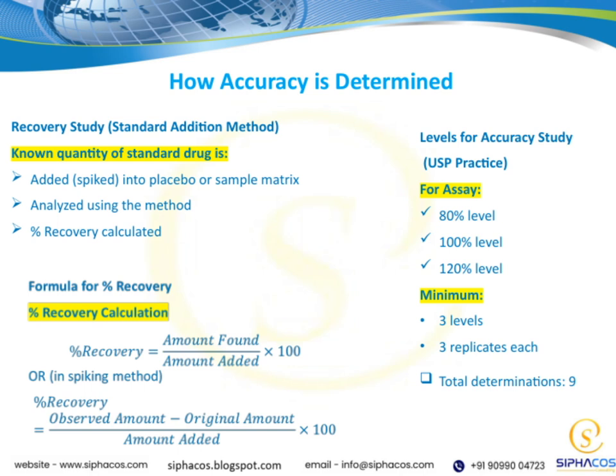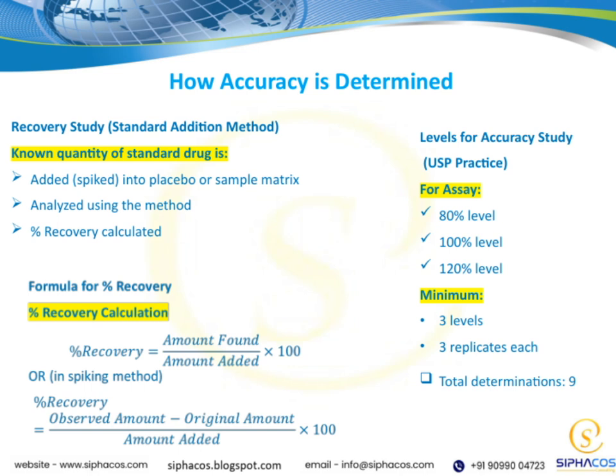Now, how do we determine the accuracy? We use what's called a recovery study, or the standard addition method. Essentially, we add a known quantity of the standard drug into either a placebo or the sample matrix. Then, we analyze this mixture using our chosen method. The key point here is that we calculate the percentage recovery, which tells us how much of the standard we can recover from the sample.